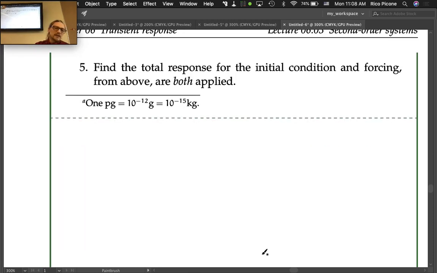So let's take this one at a time. I need to find the natural frequency and the damping ratio first.